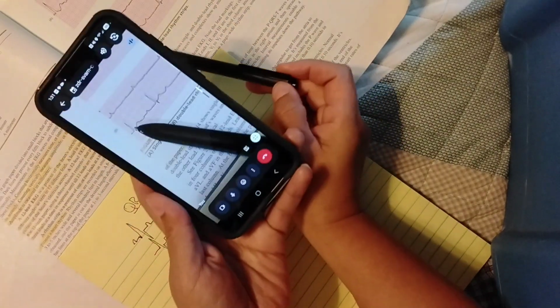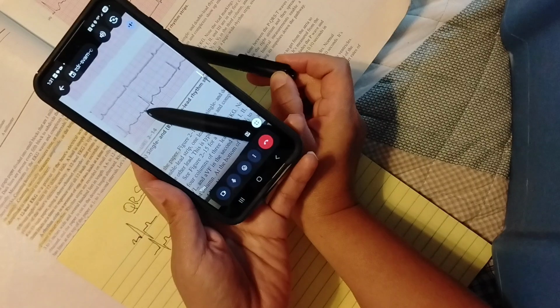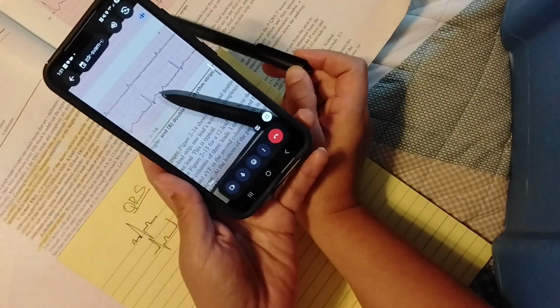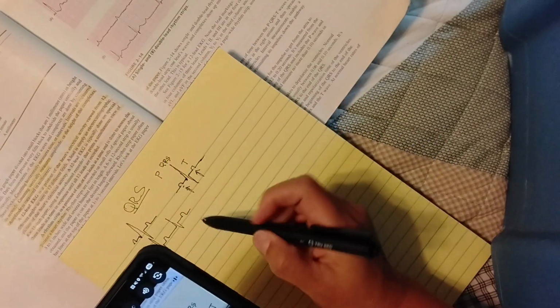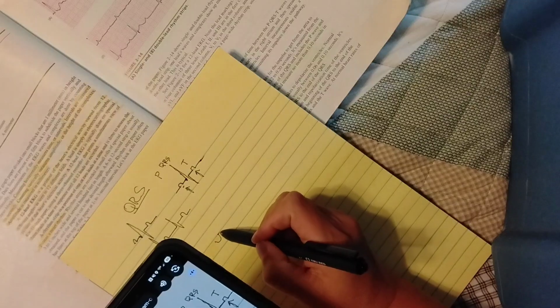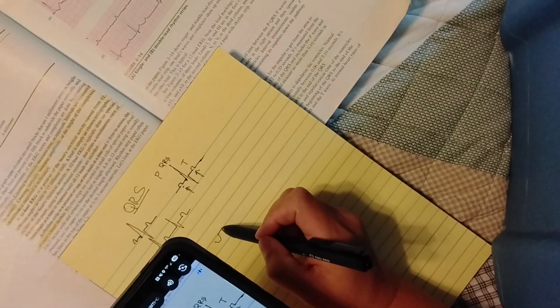So problems start happening when there's no P wave, or it's too long, or the P wave is down, or stuff like that. That's when you start seeing problems. When the QRS is too wide, or if you don't see a P wave and then it's too wide, then there's problems.